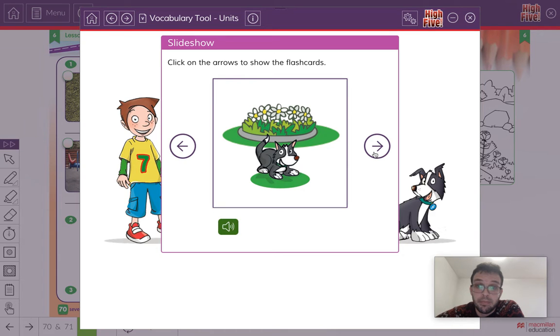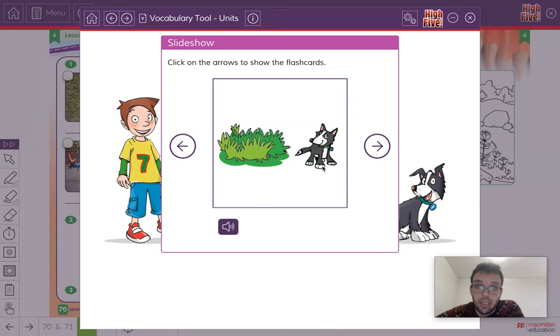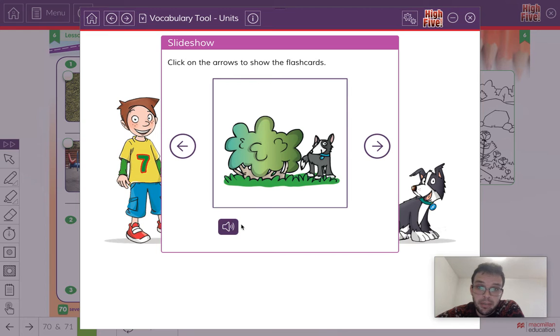In front of. In front of the flowers. Good. Where is Toby? Near. He's near the grass. And where is Toby? Next to. He's next to the bush. Okay. Can you remember all the words?